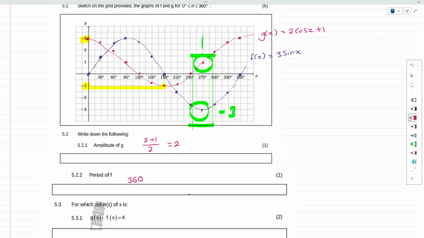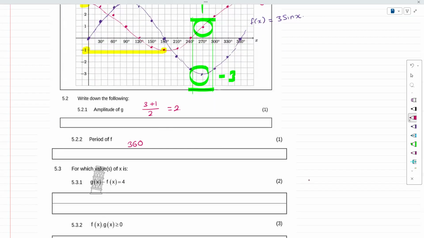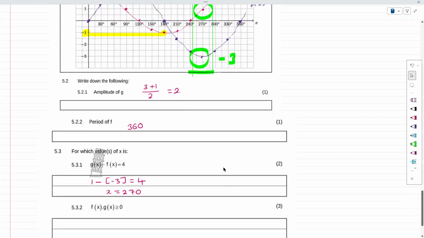Let's go and do it. They told us g of x minus f of x must equal 4. So g of x in this question is 1, f of x is minus 3, and that equals 4. So we know the answer is x equals 270. Because we just proved that x equals 270.